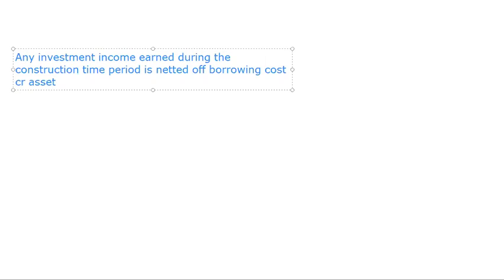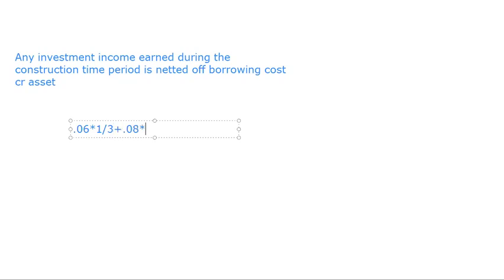So the interest rate is 0.06 into 1 divided by 3 plus 0.08 into 2 divided by 3. Right, so we use the weighted average of the two. Can you find out quickly what is the weighted average of the two interest rates?